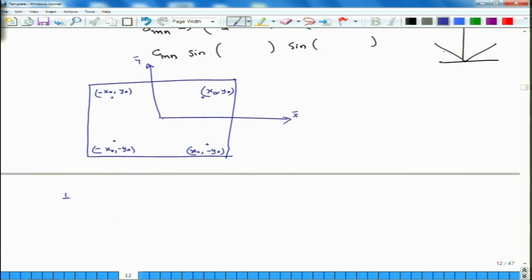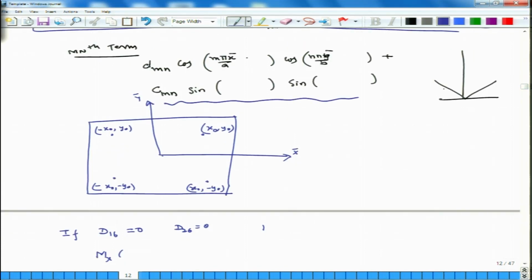Okay. So if d16 was equal to 0 and d26, actually d26 for mx it does not matter, but if d16 and d26 were 0, then what would happen? This term will go away, because this is related to the d16 term, this term will not exist.